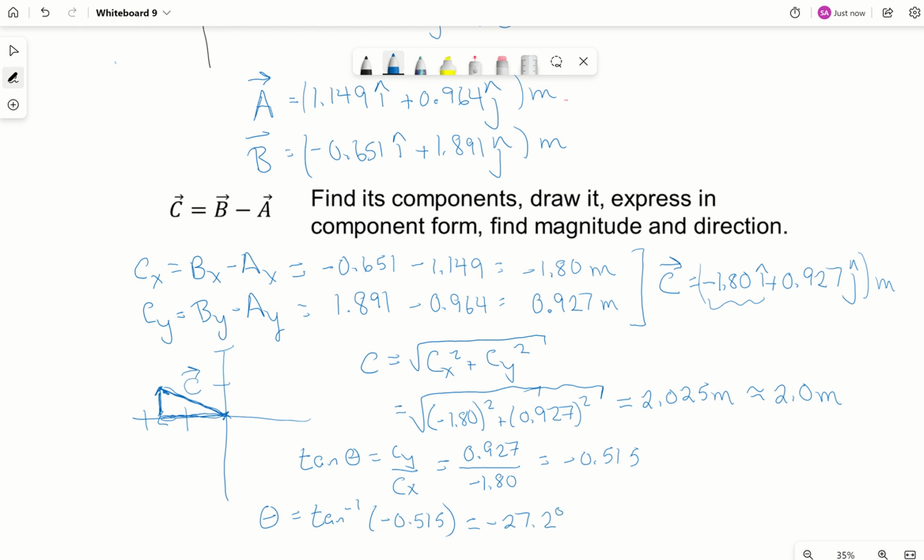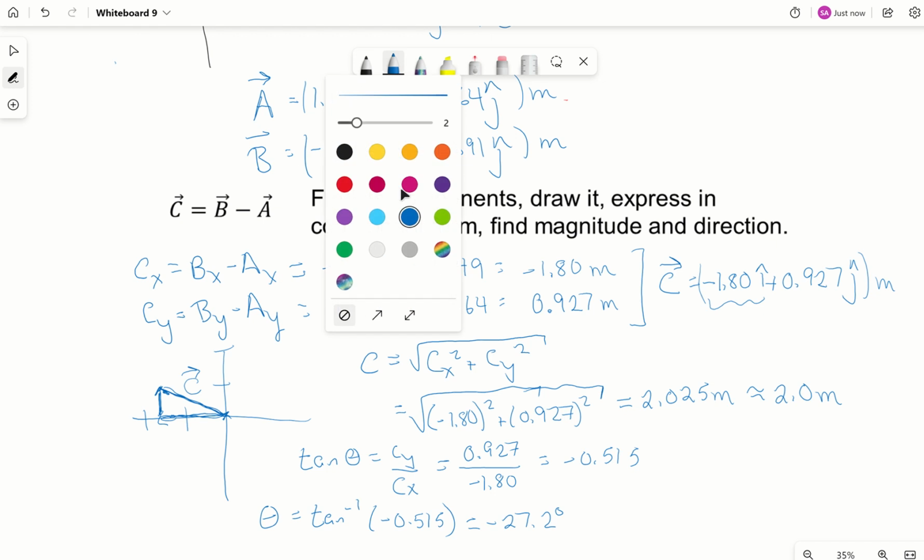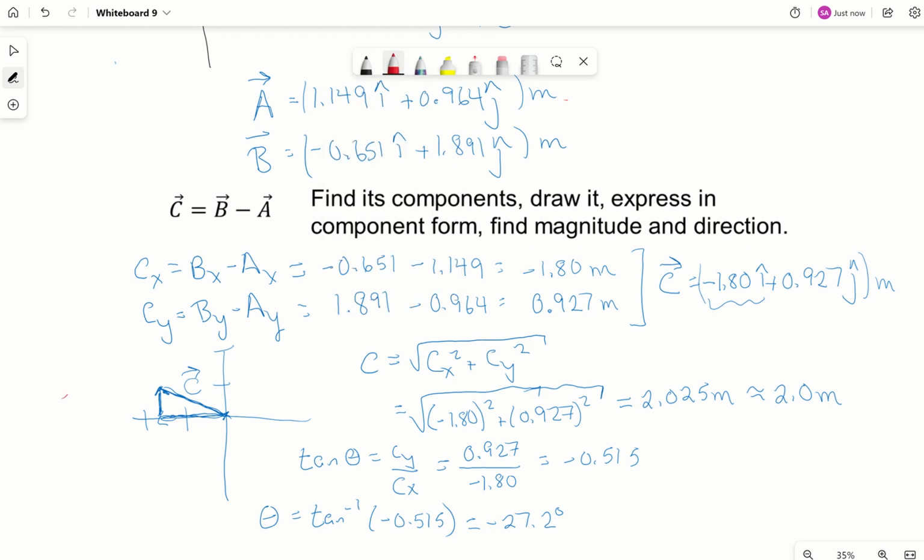So if I just gave that answer, that would be wrong. So what I have to do is go back and look at my picture. That's why it's always important to draw a picture of your final vector. And let me go back. I'll go to red so we can see what I'm drawing on here. Where is there an angle that looks like it's about 27 degrees? Well, it's sure not that angle, is it?